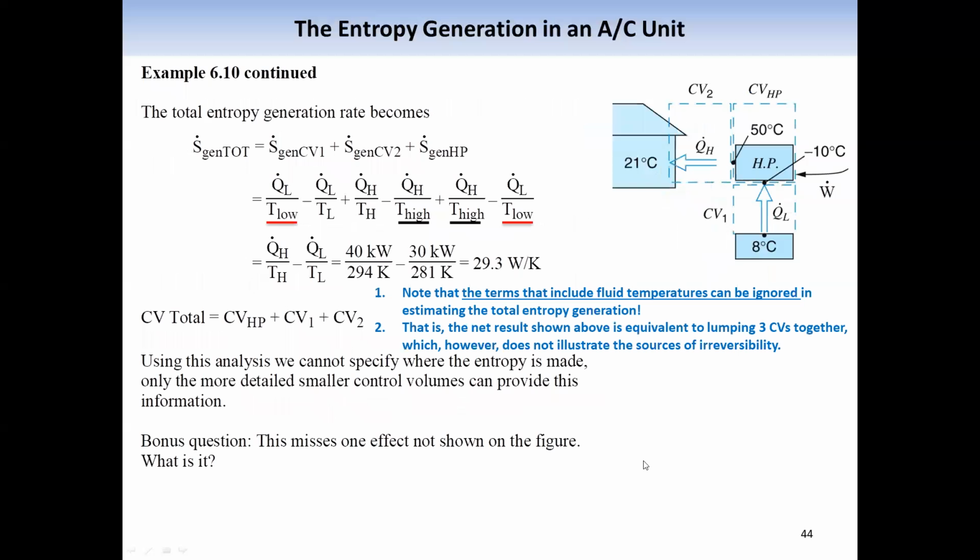We could do that, and the result is the summation of these 3 control volumes we analyzed. And the resultant expression actually is just like this heat transfer term, this heat transfer term, independent of the heat pump term.